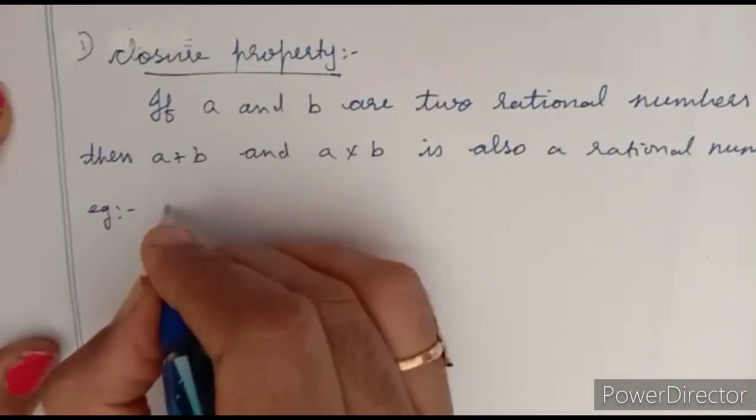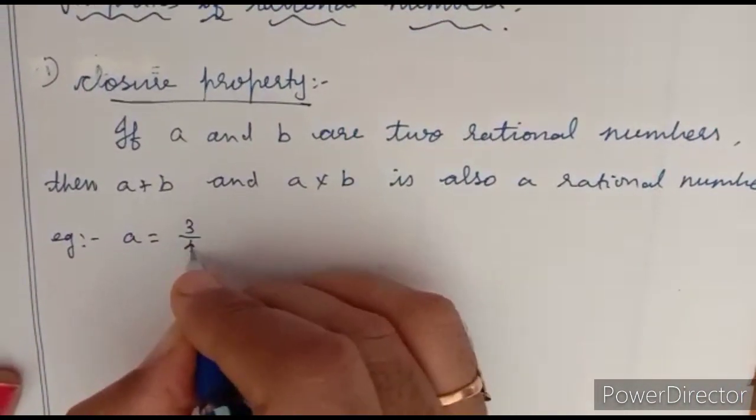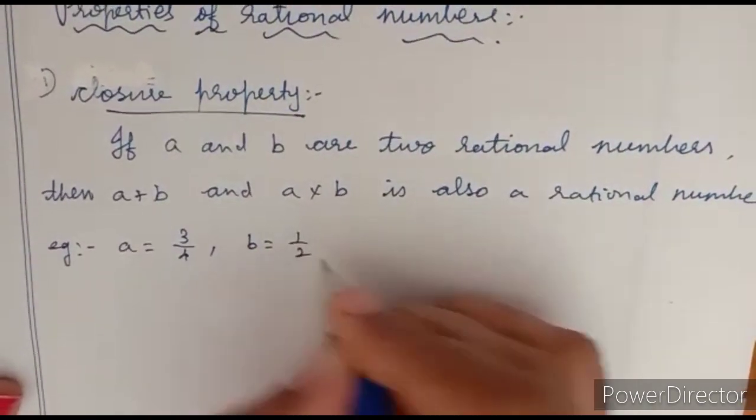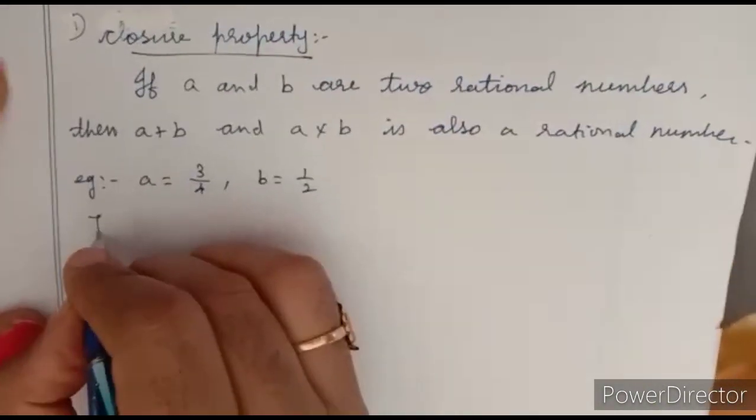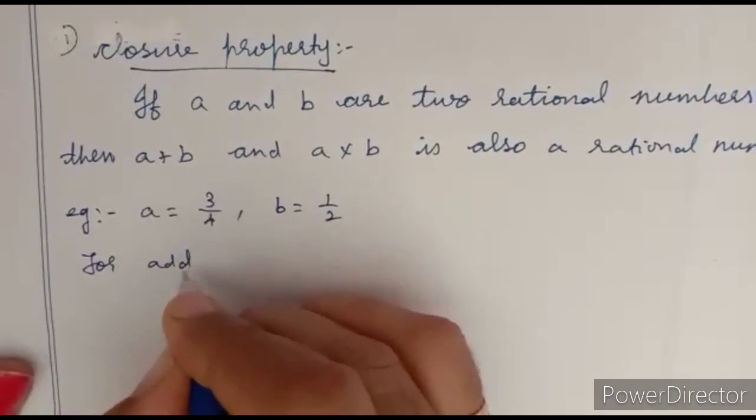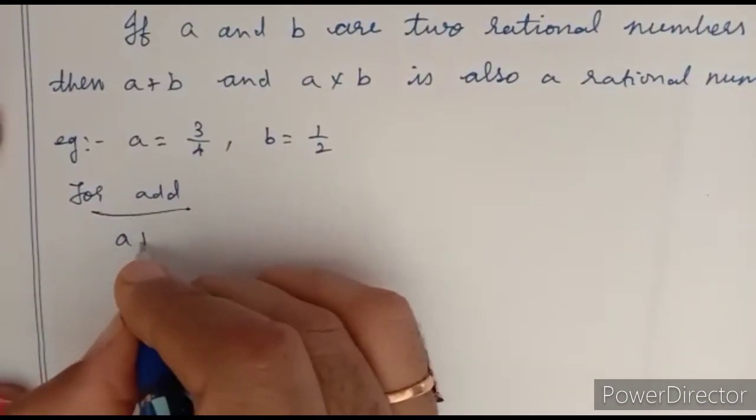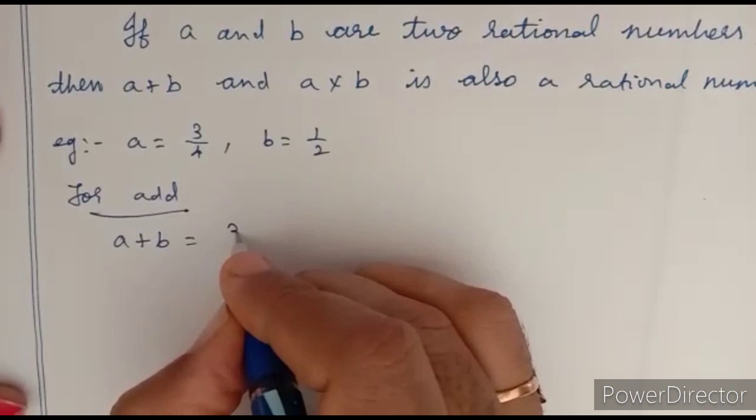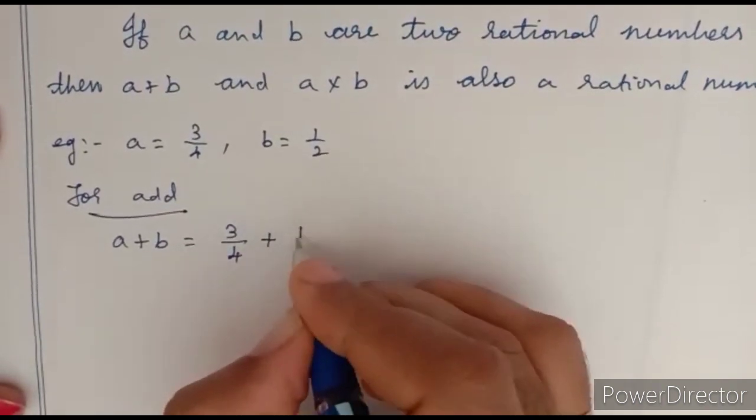Example, if you take A is equal to 3 by 4 and B is equal to 1 by 2, then for addition, A plus B is equal to 3 by 4 plus 1 by 2.